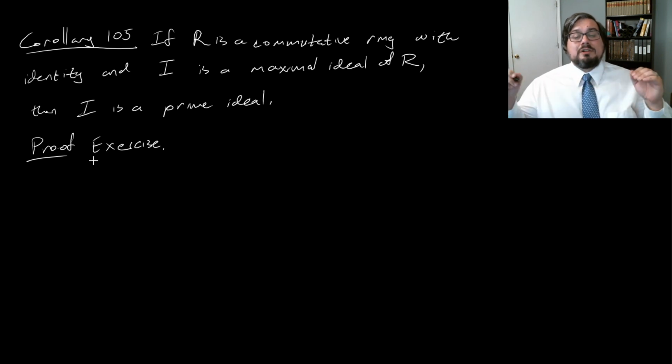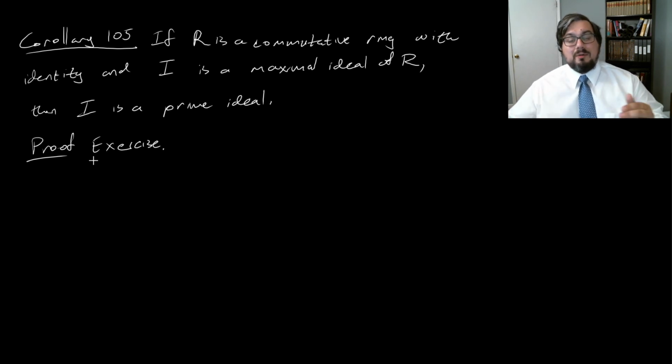They sit very close to the whole ring itself, and prime ideals can be of all different sizes. Now, there are going to be lots of prime ideals which are not maximal. So these two classes of ideals are definitely not the same, not even close, but they do have the relationship that all maximal ideals are prime ideals.